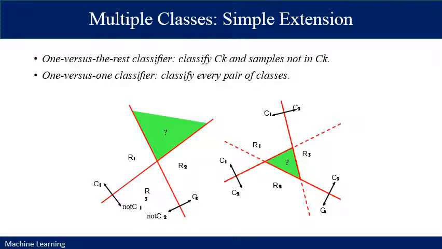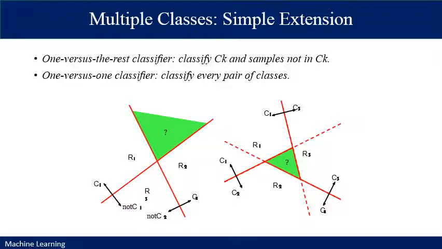So that means it can divide the positive examples from the negative examples. Now consider the extension of the linear discriminant to more than two classes. We might be tempted to build a multi-class discriminant by combining a number of two-class discriminant functions.